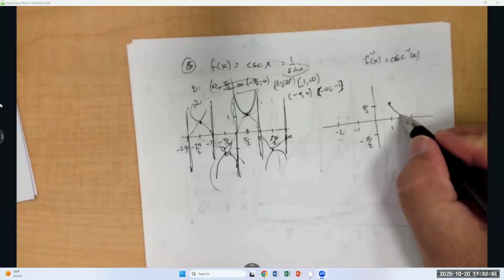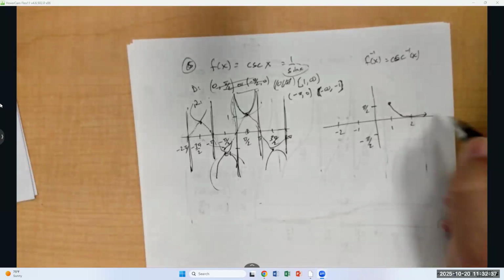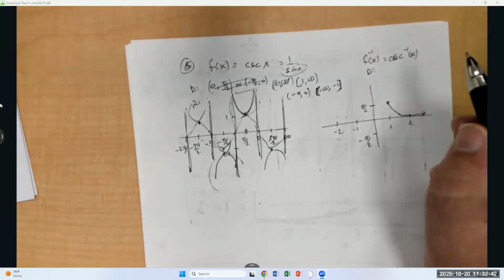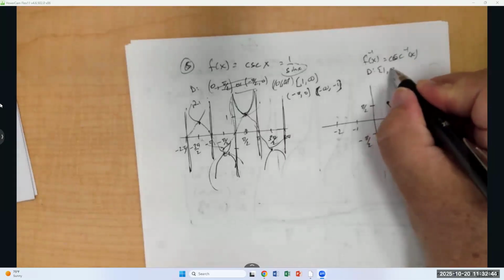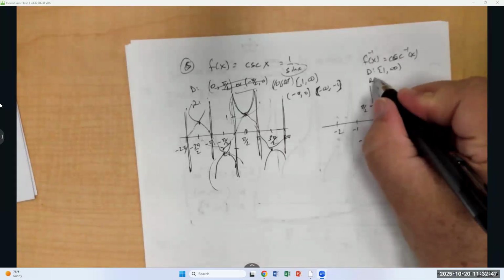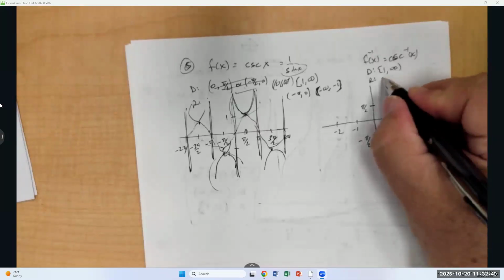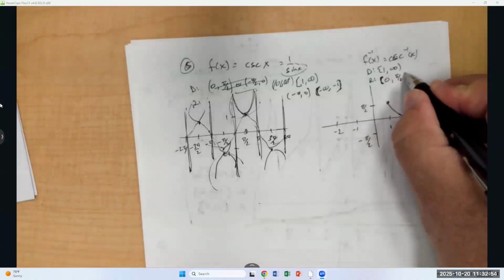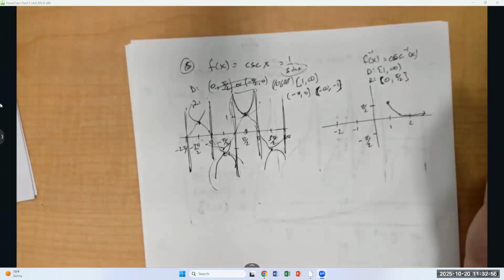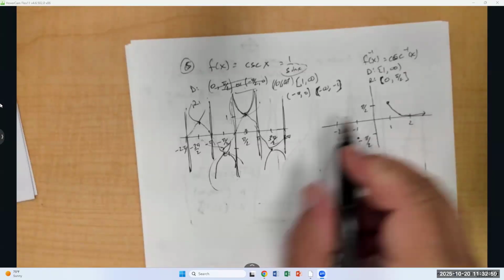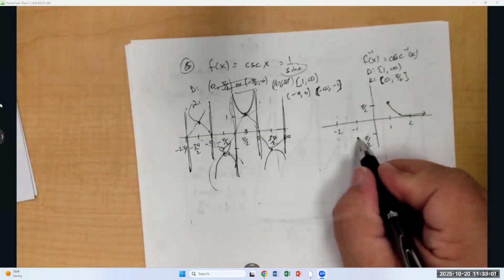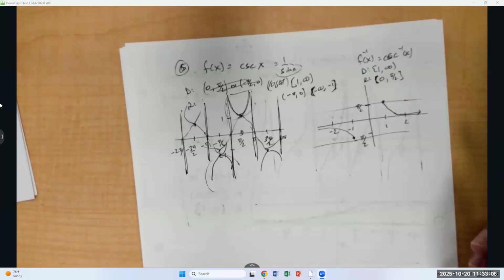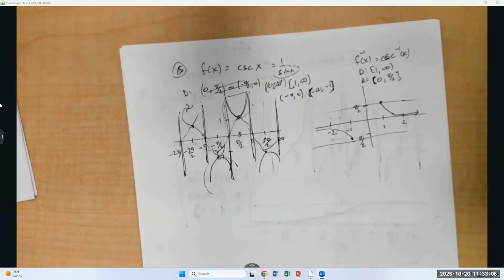Then it decreases. So the domain is from 1 to infinity, and the range is from 0 to pi over 2. And on the negative side, it starts off at negative pi over 2, but it has to be bounded by pi over 2, negative pi over 2. So that's that graph.